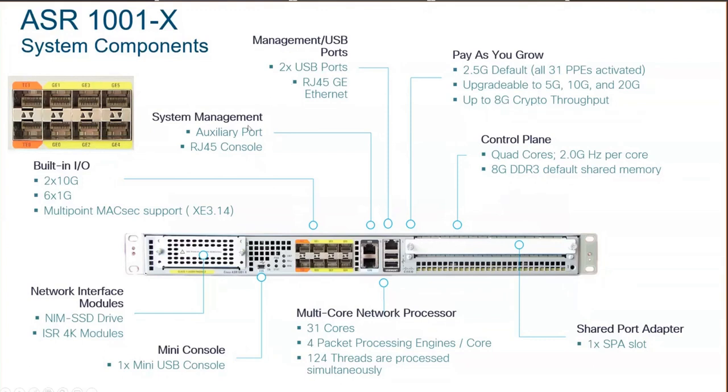Similarly, we have the management port, aux port, and console port. For built-in ports, the difference is we have 6 1 gig ports here, the ones marked in yellow, and the two marked in orange are the two 10 gig ports. So this will give us 8 ports in total. And we have the option for an NIM SSD drive similar to ISR 4K. We'll have a look later at how the ISR 4K hardware architecture looks. So this is 1001X.